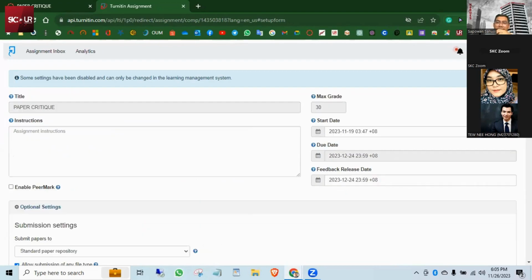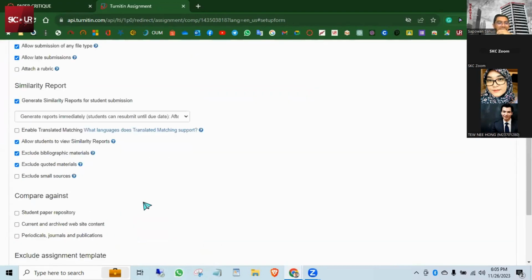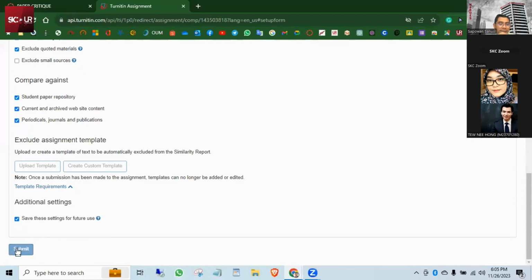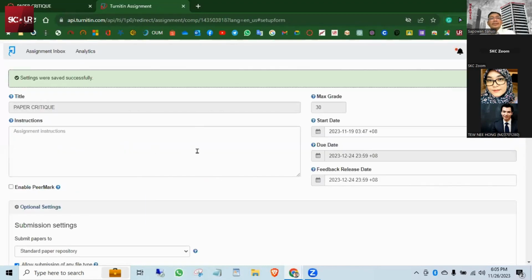Cannot. The system didn't allow periodic journals. So later lah, I will ask the IT first, because if I didn't log, the Turnitin couldn't work well.